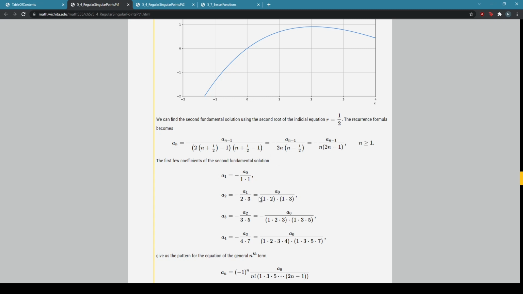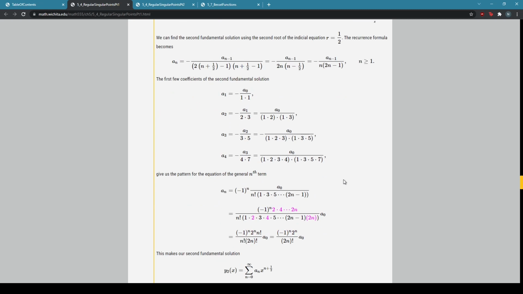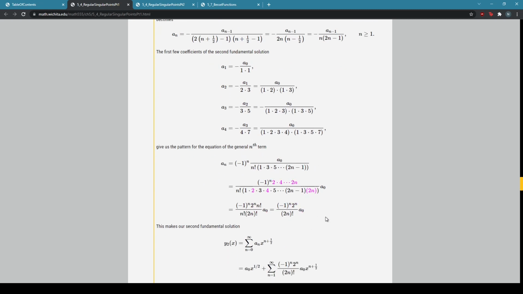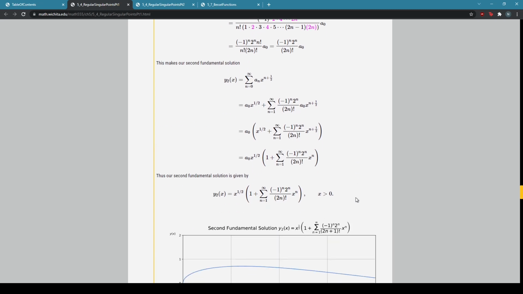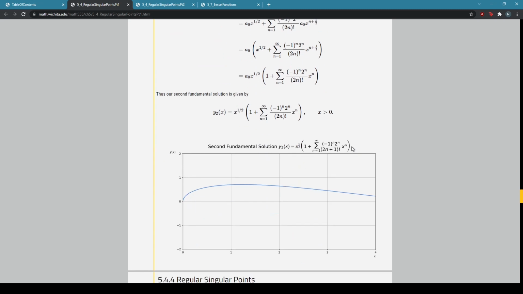There's no guarantee that the pattern would be similar, but in this case it happens to be. We come up with a very similar looking condensed expression and get a similar solution. Okay. We can plot it as well, and it has this kind of funny shape to it, but that's the idea. You work the problem through.